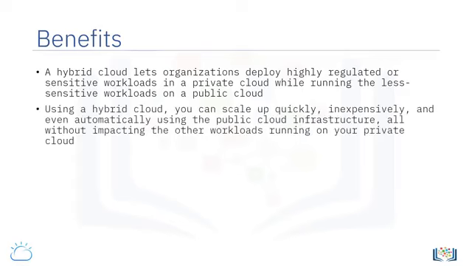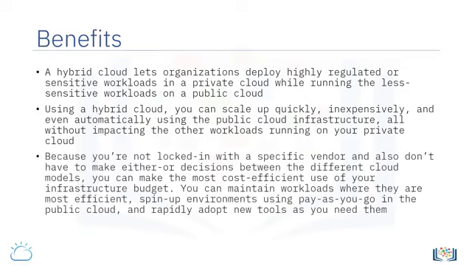Using a hybrid cloud, you can scale up quickly, inexpensively, and even automatically using the public cloud infrastructure, all without impacting the other workloads running on your private cloud. Because you're not locked in with a specific vendor and also don't have to make either-or decisions between the different cloud models, you can make the most cost-efficient use of your infrastructure budget. You can maintain workloads where they are most efficient, spin up environments using pay-as-you-go in public cloud, and rapidly adopt new tools as you need them.